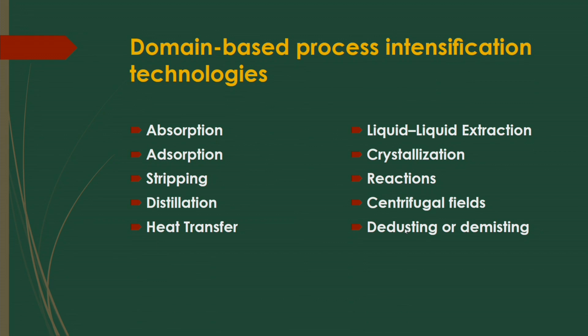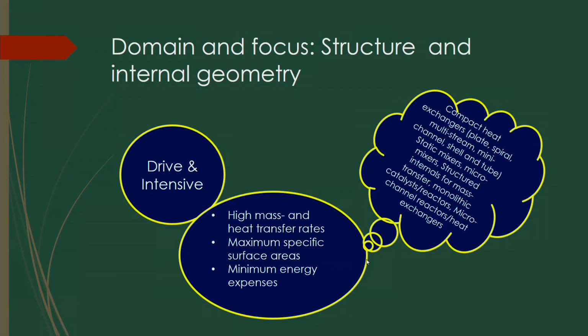So, these are the techniques based on which you can intensify the process. And for that, some focus should of course be considered on the structure and the internal geometry, to get high mass and heat transfer rates, maximum specific surface area and minimum energy expenses.